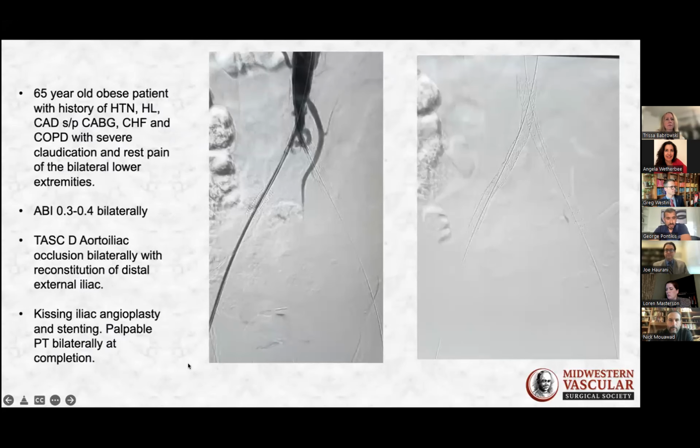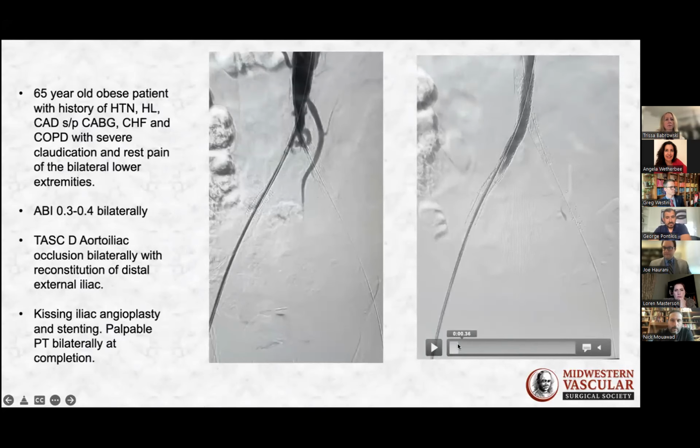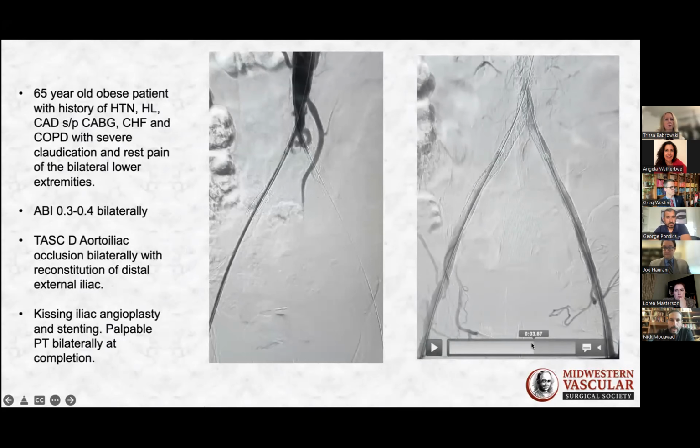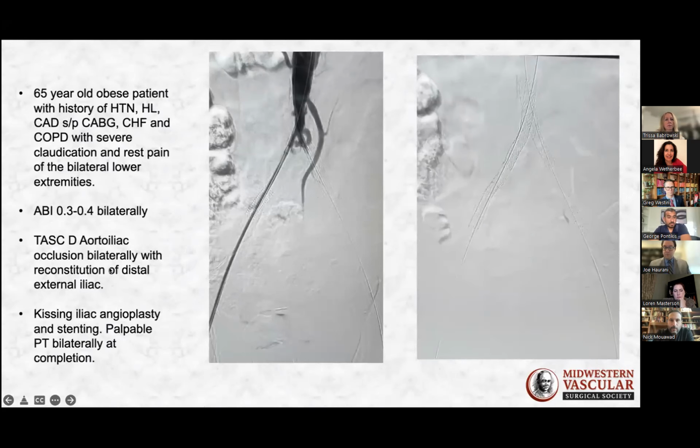And these were 2 cases that I had, one of which had stents that were sort of undersized, and yet this patient was debilitated. He had severe COPD, and with Rotarex being able to debulk it, and then with covered stents, we were able to get an excellent result, this is a kissing technique, with palpable pulses at the end.